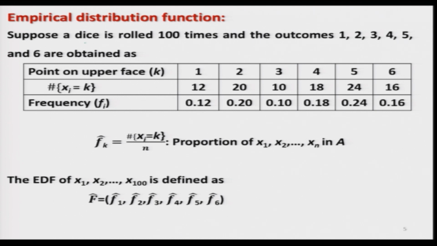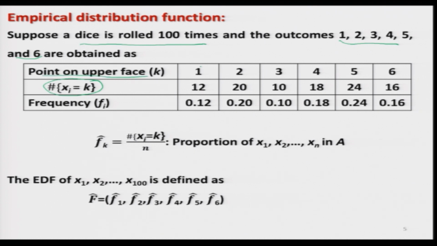Suppose a dice is rolled 100 times. What are the possible outcomes of the dice? They are 1, 2, 3, 4, 5 and 6 on the upper face. So, we roll the die 100 times and we count how many times 1 has come, how many times 2 has come, and similarly how many times 6 has come. And we record the number of times xi equals k, where k is the point on the upper face.